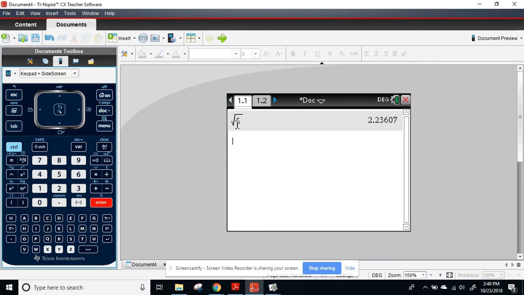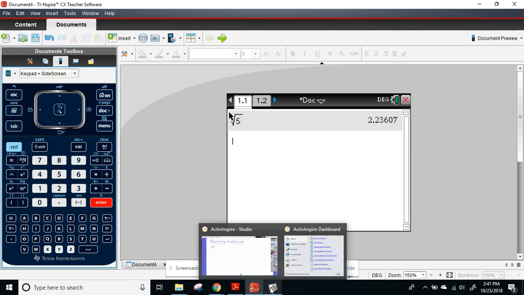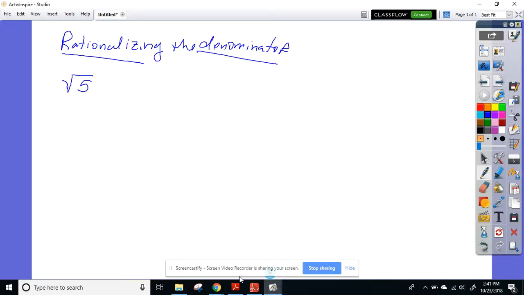Whenever you get a number that has non-repeating, non-terminating decimals, that kind of number is called an irrational number. So when we rationalize the denominator, what they're saying is that we have a number in the denominator right here that's irrational, and they want it to be rational.